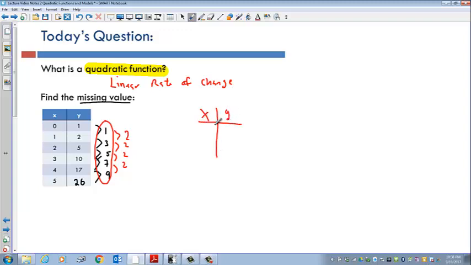For linear functions, you have 0, 1, 2, 3, and let's say 5, 8, 11, and 14. This is a linear function because when you look at the rate of change, basically just the differences in the output, we should always have the same number. So 8 minus 5 is 3, 11 minus 8 is 3, 14 minus 11 is 3. That makes this data linear.